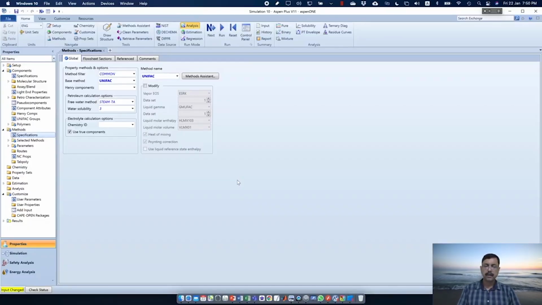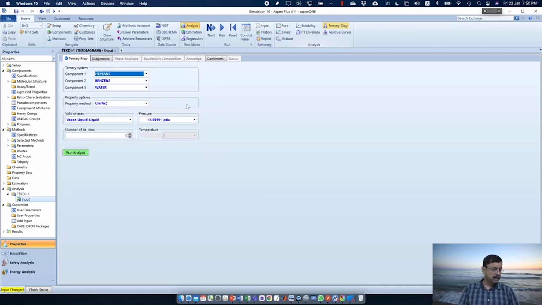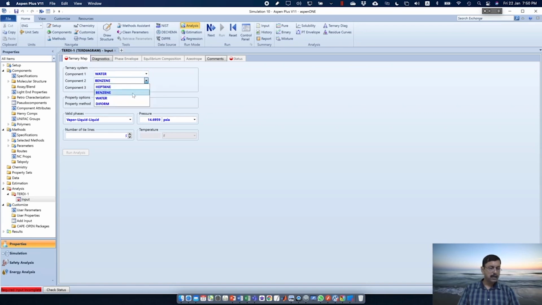Now we have done the property analysis, but we have to check whether the separation through extraction is possible in the first place. For that, we have to get the ternary diagram. So this is the ternary diagram. Let us take water as component 1, dimethyl formamide as component 2, and benzene as component 3.